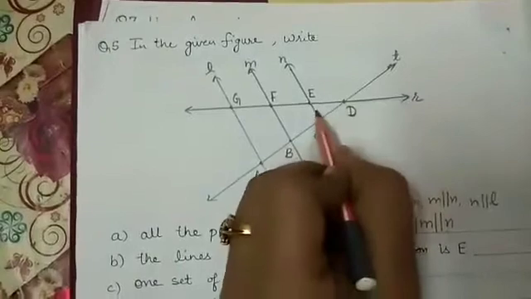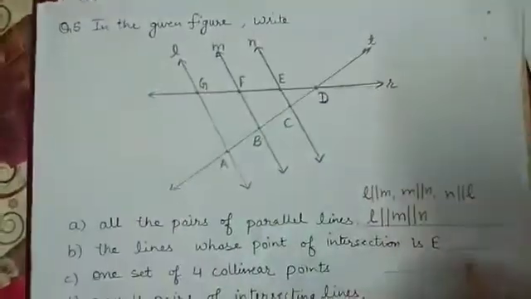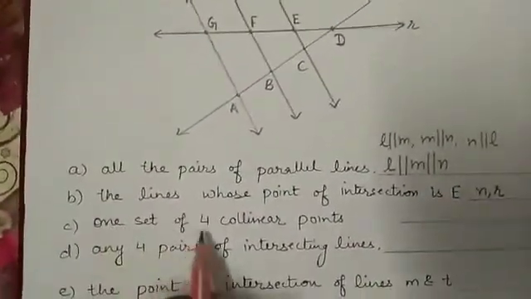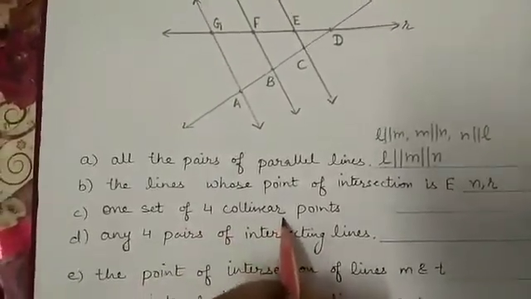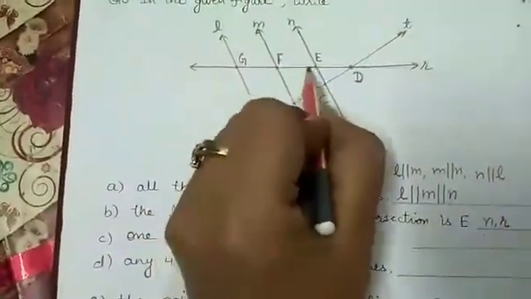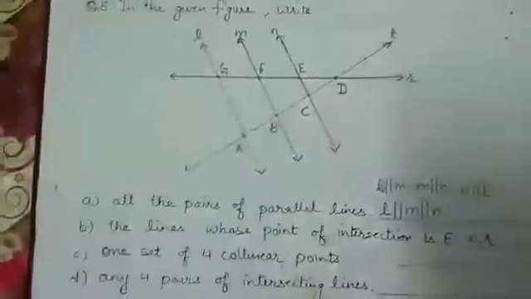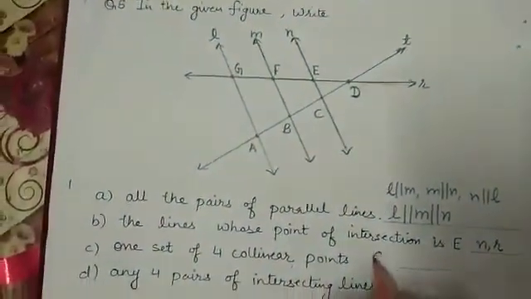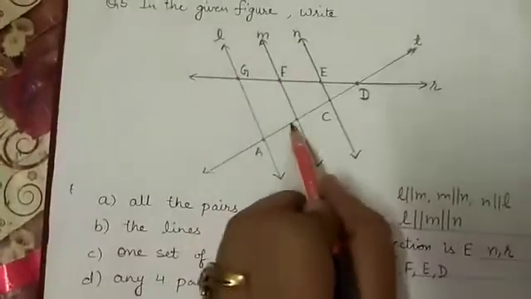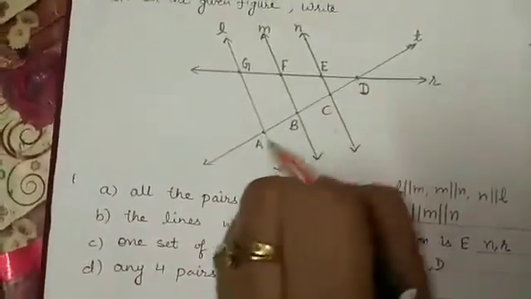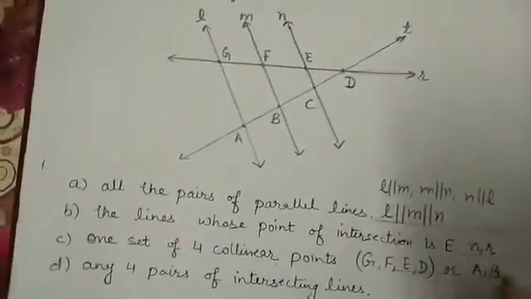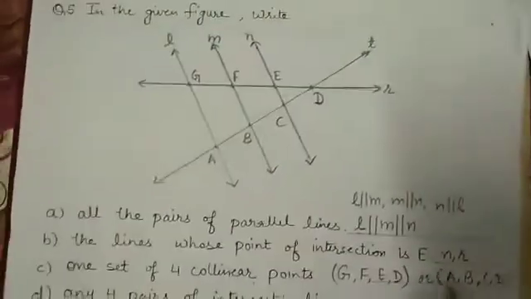This is line R and from here this is line N. So I should write here N, R. One set of 4 collinear points means the points which are passing through the same line, like G, F, E and D. So, I will write here G, F, E, D. If I observe A, B, C, D, all these also lie in this line. So, I can write here A, B, C, D also.